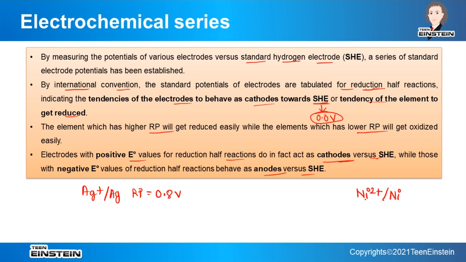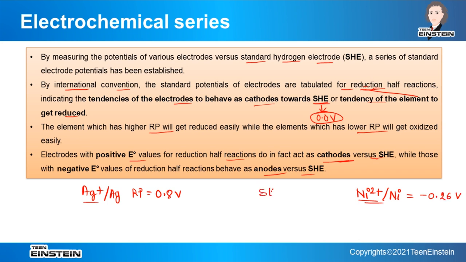We always write the oxidized species first, because these are reduction potential values, and this value is minus 0.26 volt.